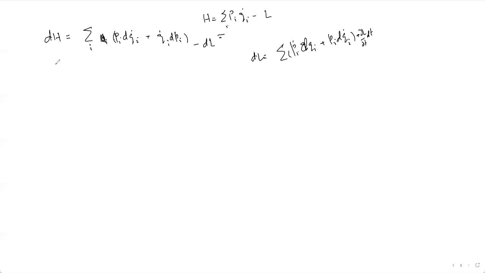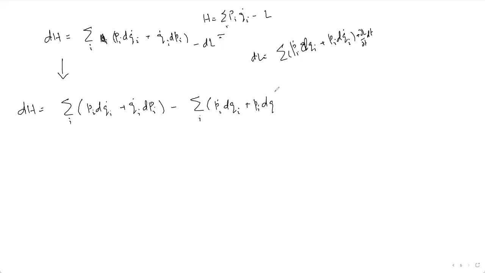Then my dH will be equal to the summation over i of p_i dq dot i plus q dot i dp_i, minus the summation over i of p dot i into dq_i plus p_i dq dot i, plus partial L by partial t into dt, as a whole bracket.